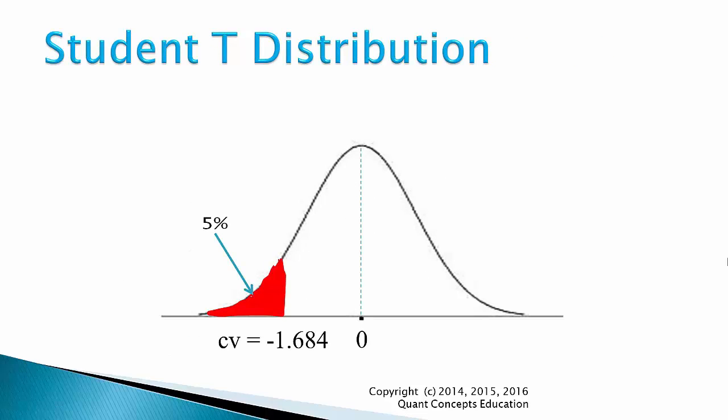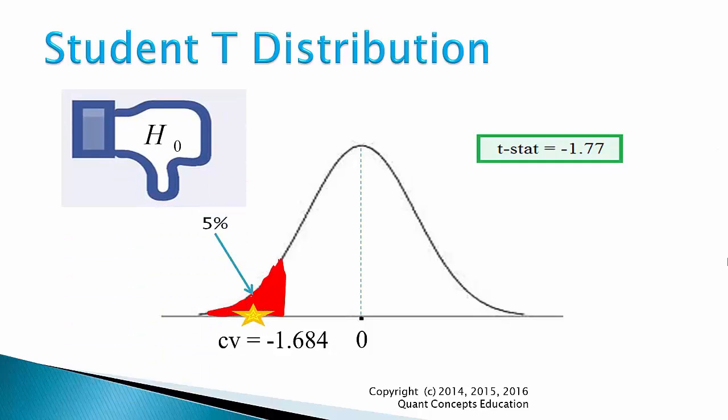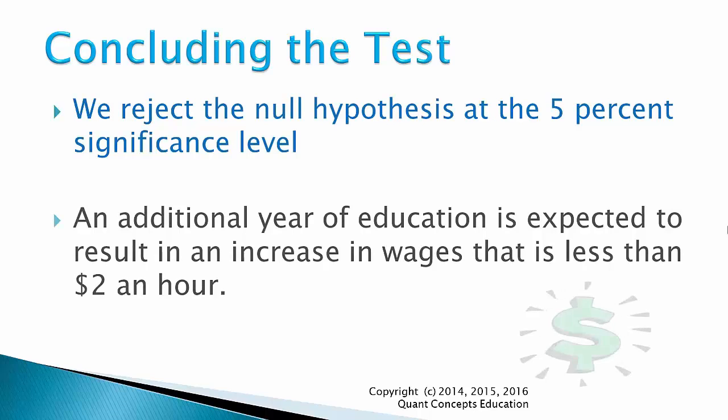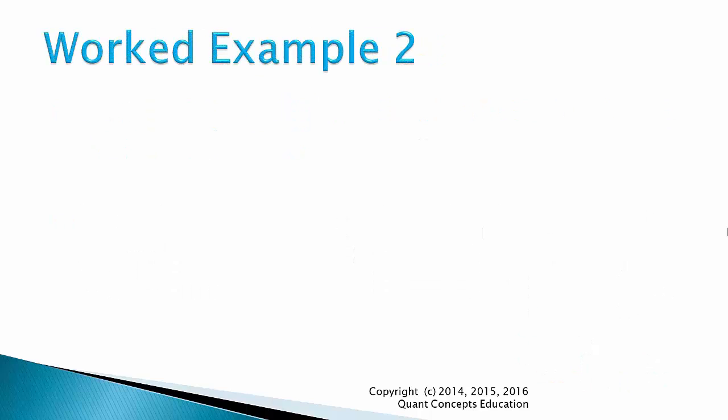We've calculated our T stat, and as you can see, it's smaller than the critical value, so it lies in the rejection region. This means we reject the null hypothesis. So we reject the null hypothesis at the 5% significance level, and we conclude that an additional year of education is expected to result in an increase in wages that is less than $2 an hour. Okay, we're done with that question.